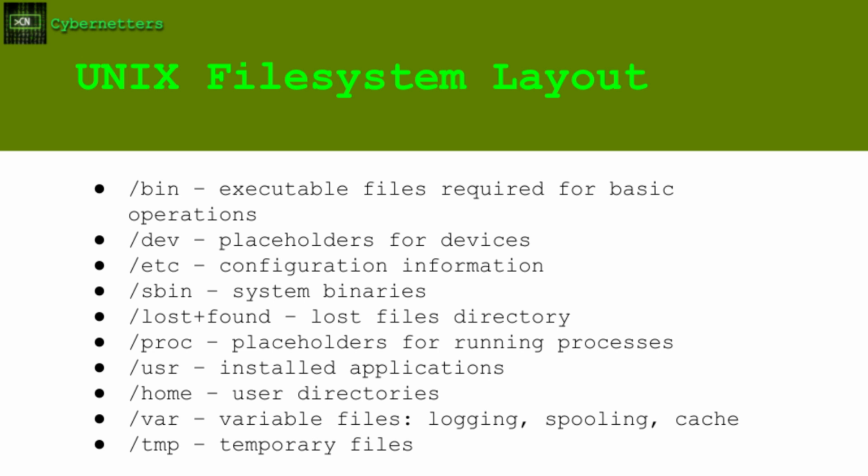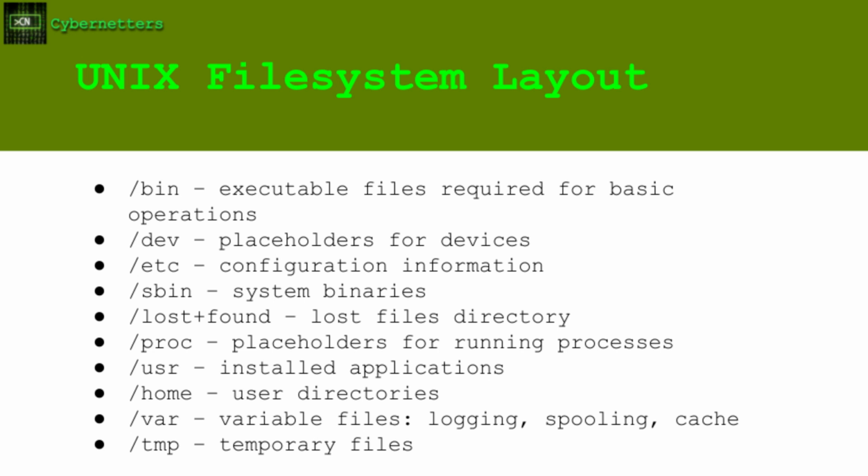Each directory, as you can see in the slides, has a specific purpose. /bin is essential system commands and binaries used by all users. /sbin are system binaries, which are mainly used for administrative tasks. /etc are configuration files for the system and applications. /dev are special files that represent hardware devices. /proc are virtual files that provide system and process information, and /usr installs applications and system utilities.